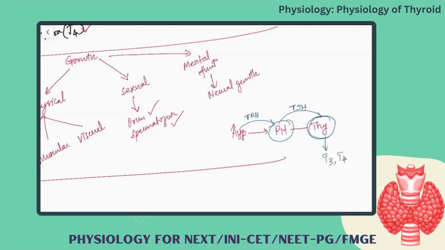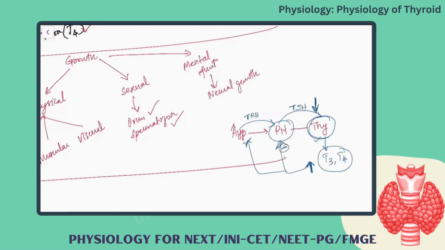So if you are getting T3, T4 excess for a patient and TSH is decreased, where is the problem? Whether it is the pituitary, the thyroid gland or the hypothalamus. That is normal. If T3, T4 is excess, it will go and give a signal to the pituitary gland as well as to the hypothalamus. Negative feedback mechanism.